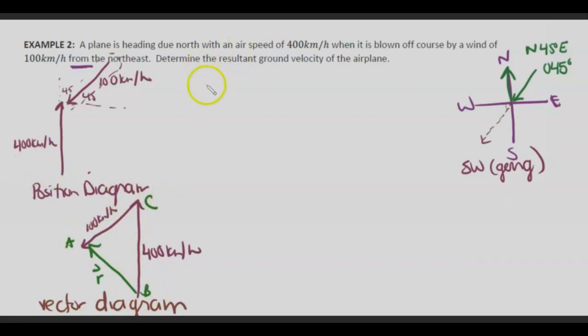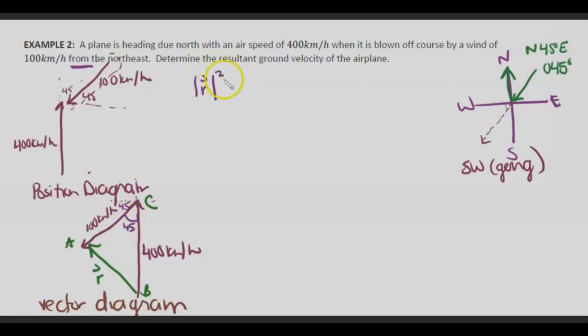So the magnitude of the resultant is going to use cosine law. If we think about this being 45 degrees, that means in here this is also 45 degrees, because those two are complementary, so they have to add up to 90 degrees.